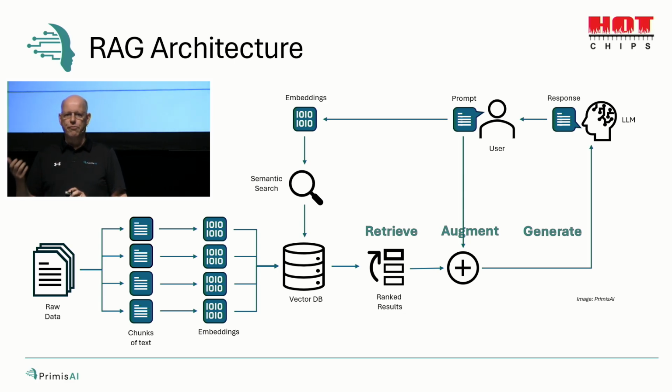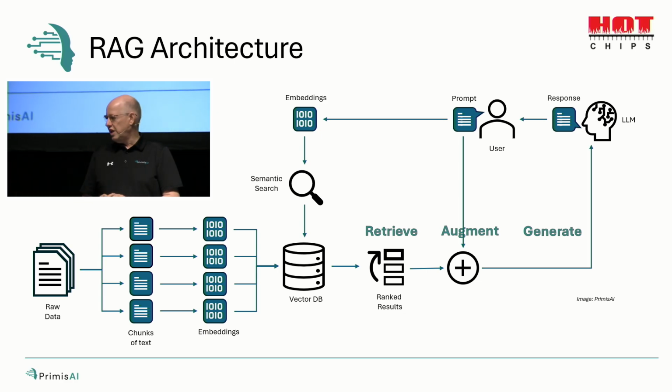You take the prompt from the user, translate it into embeddings, and do a semantic search into the vector database to bring in and rank the results in order of relevance.